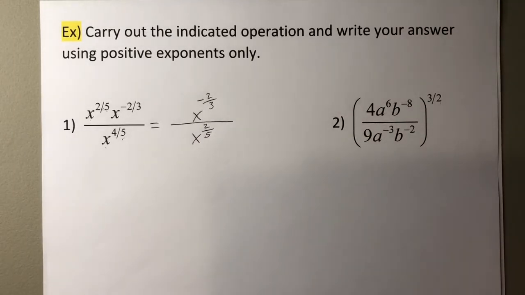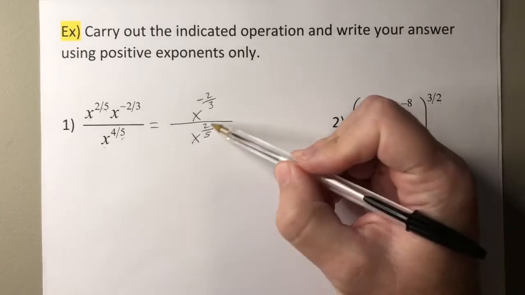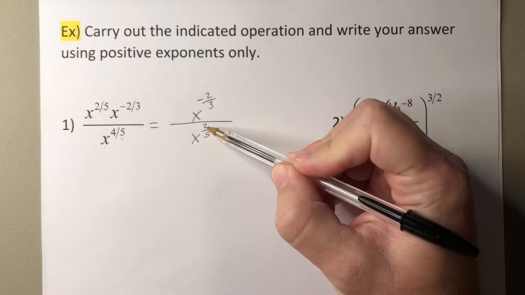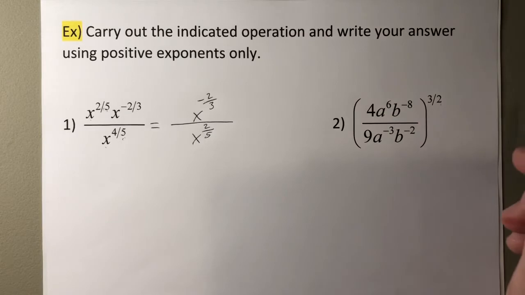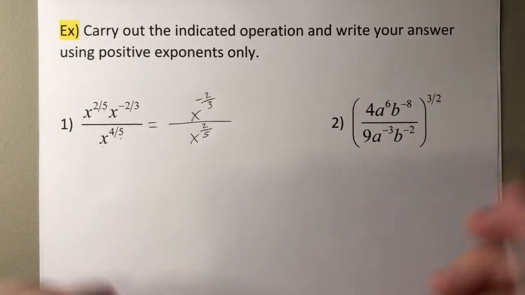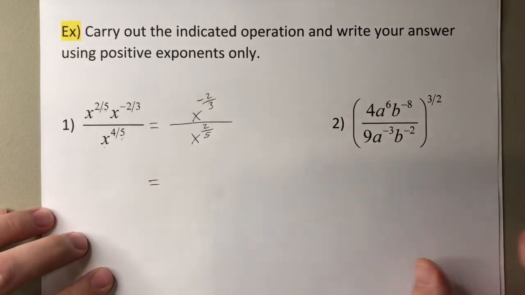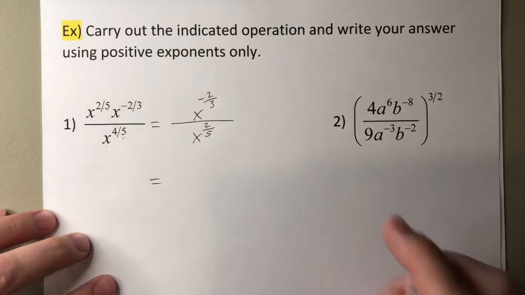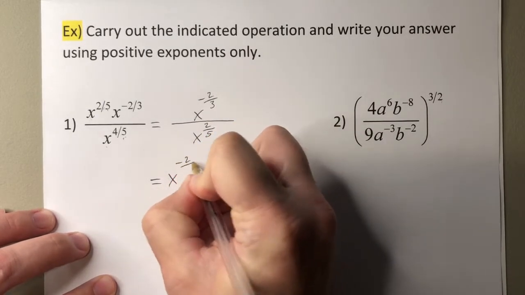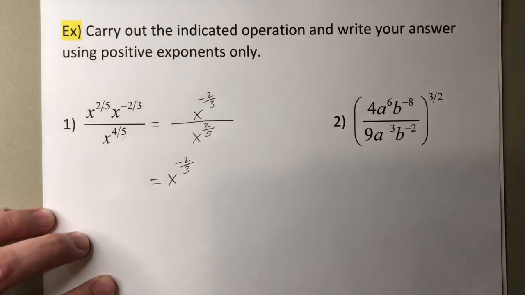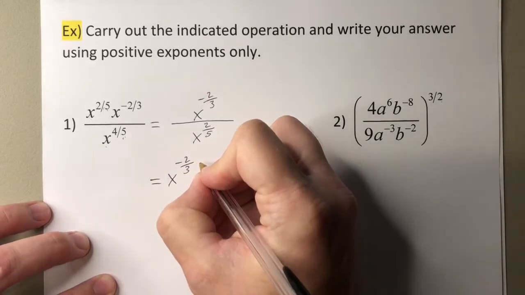So with that being said, though, do you know how, like, real quick, how much greater 2/5 is than negative 2/3? Well, maybe some of you do. And you can use your calculator to do that as well. But let's just do this. Let's just follow the property of exponents that states what? When you divide like bases, you subtract the exponents.